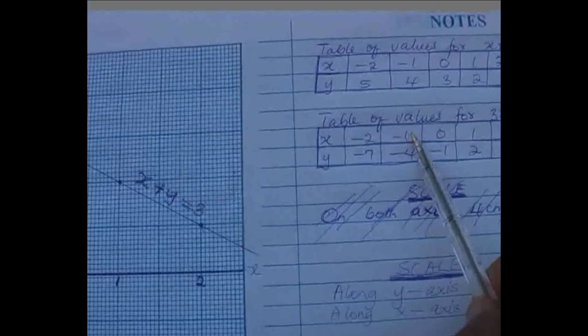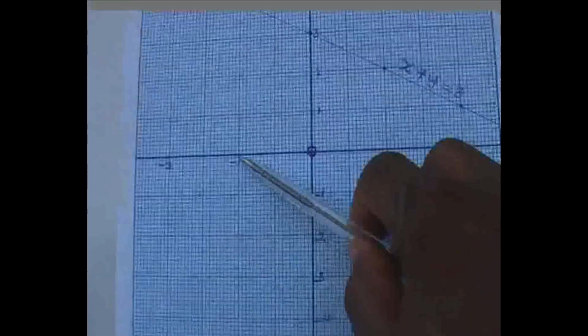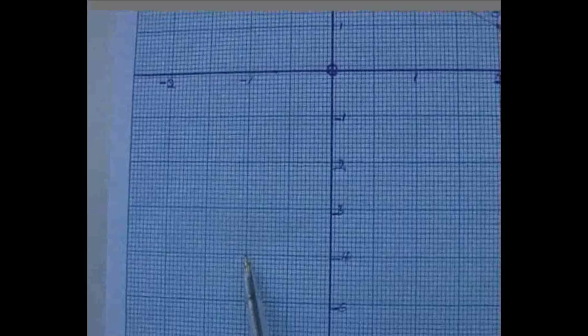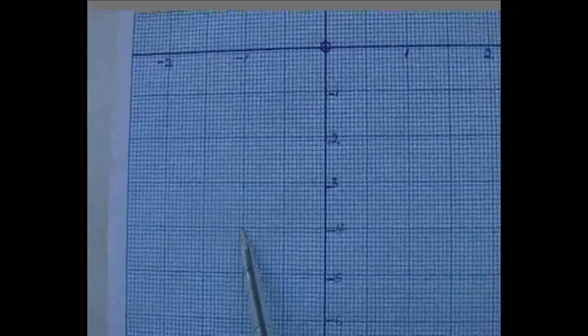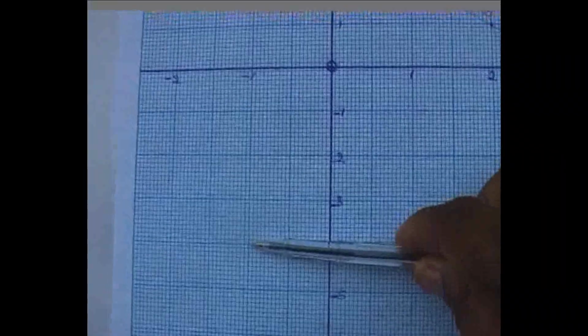So look for -1 value of x. You can see that this is -1 for value of x, and the corresponding value of y is -4. So this is -4 for value of y. So the place the two lines join now is the next place you put your point. It's going to be -1, -4. This is the place they join. So put your point at this place.